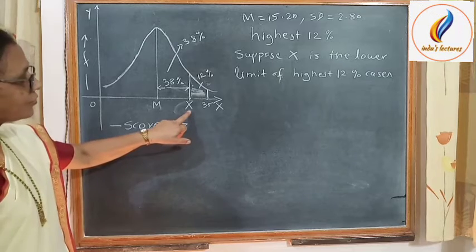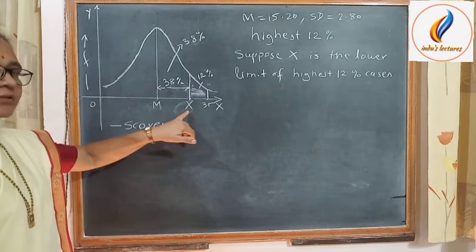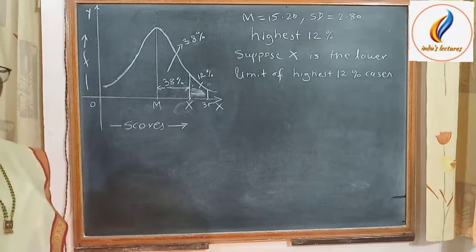Now we have to find x. So find the sigma distance of the raw score x from the mean by using the normal curve table.